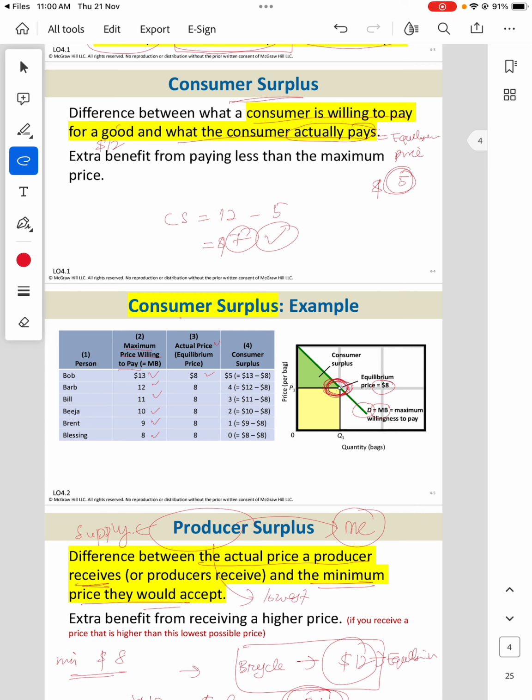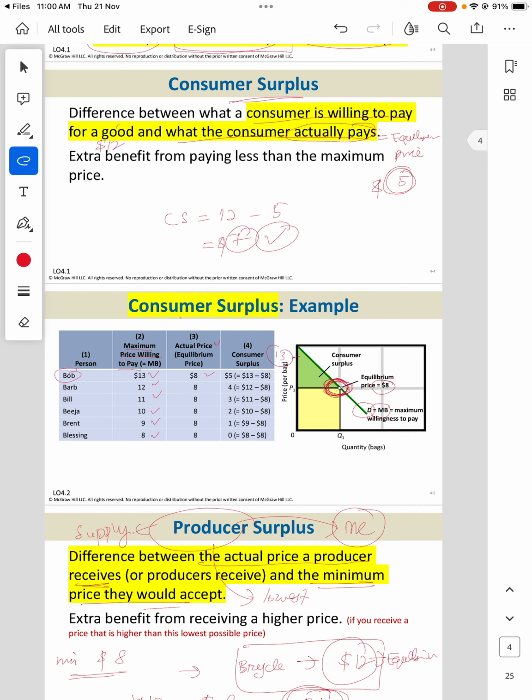Okay, so here, Bob is willing to pay for this product at 13 ringgit. So consumer surplus here is 13 minus 8.